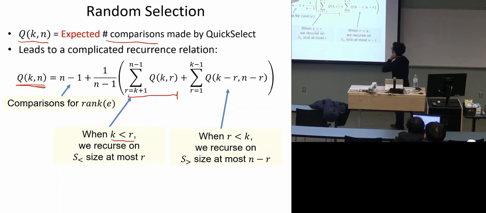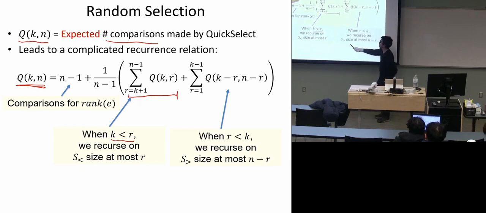Okay, so let's come back to this analysis. This is just summing up all the time that you might need to spend when k is less than r. And then you just do the same when r is less than k. So just sum up all the cases when r is less than k, right?